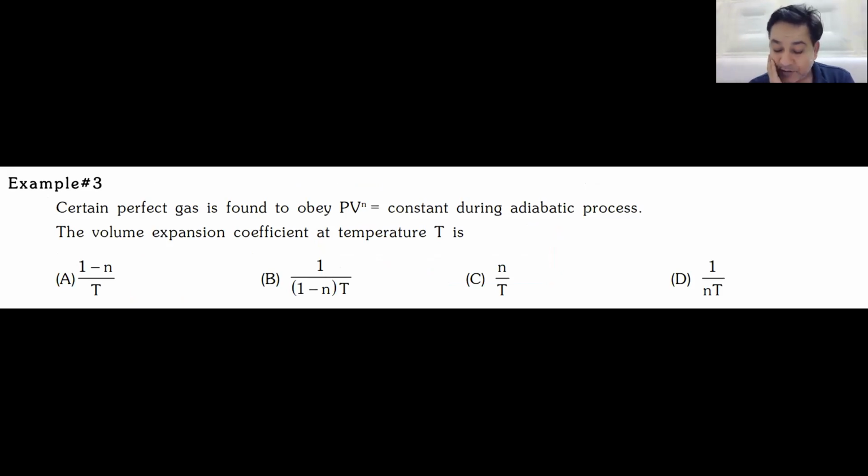A certain perfect gas is bound to obey PV raised to the power n is constant during an adiabatic process. N would be gamma probably. The volume expansion coefficient at temperature T is. You might not have heard about this term, volume expansion coefficient.